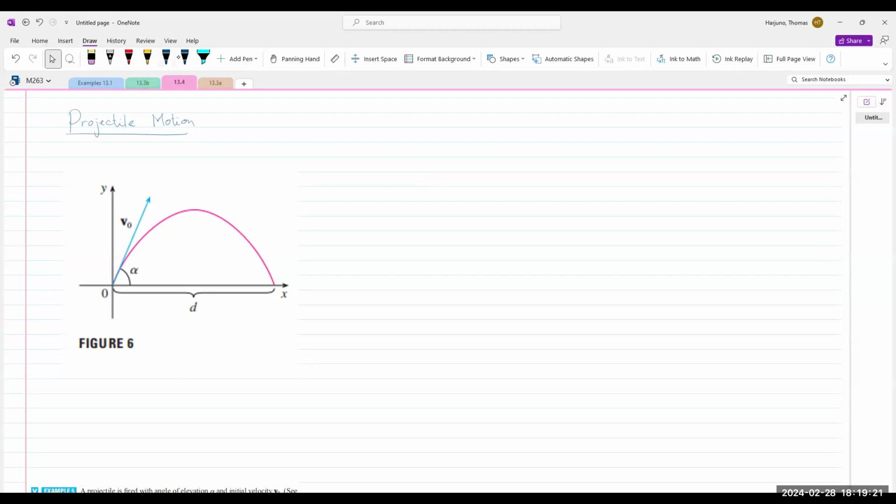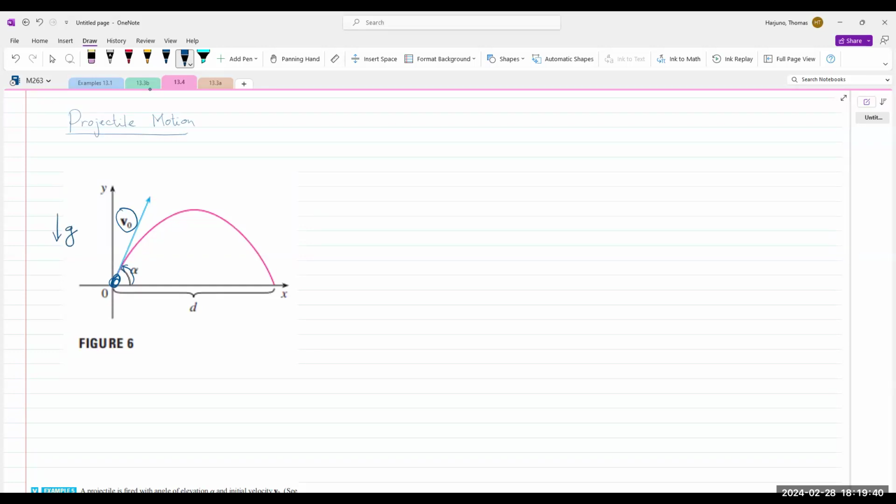Suppose we throw a stone. Okay, we throw a stone at the initial velocity v naught, at angle alpha from the positive x-axis. And we have gravity g.